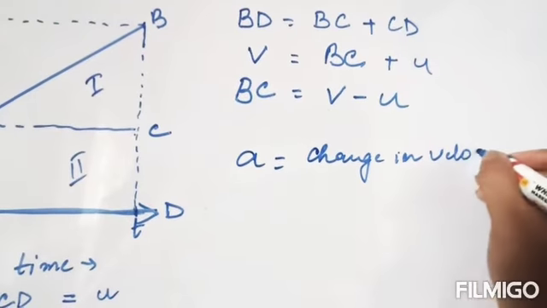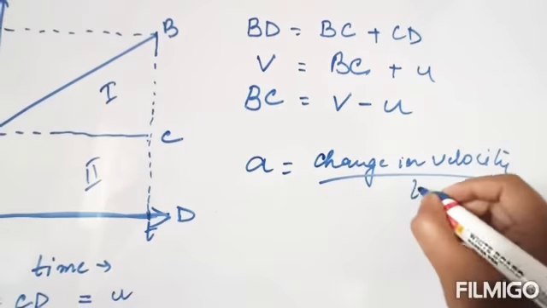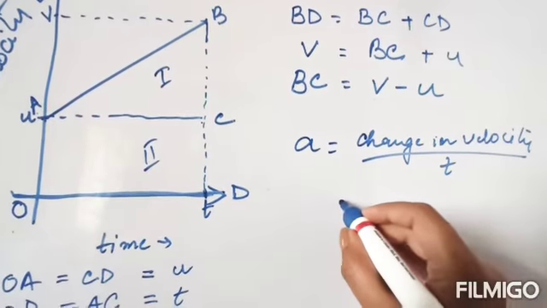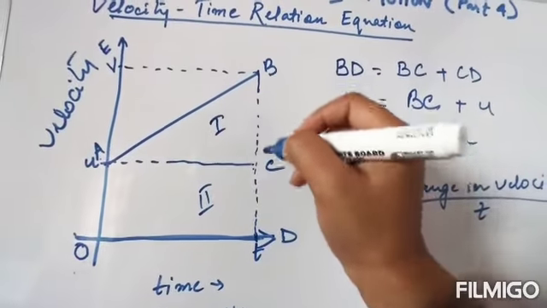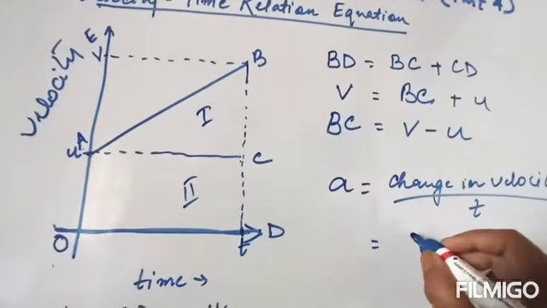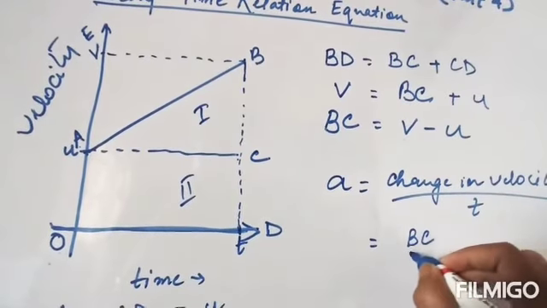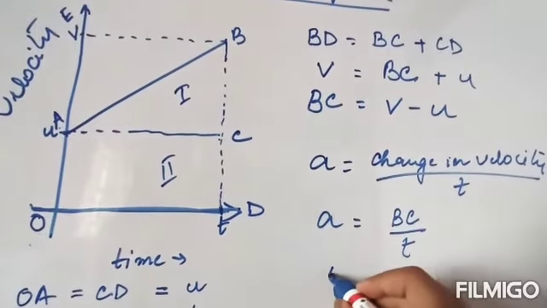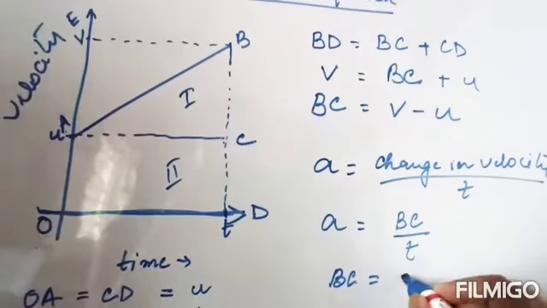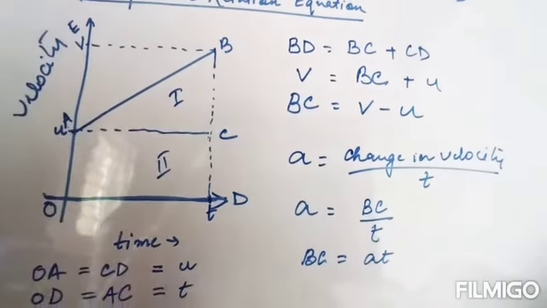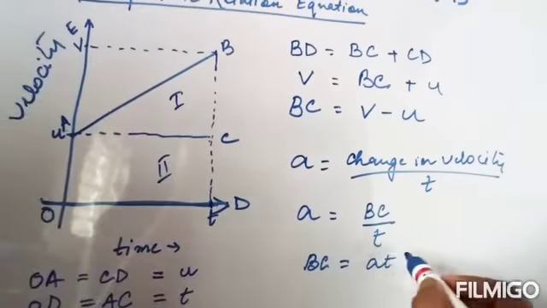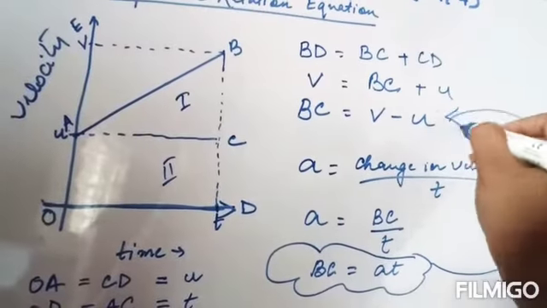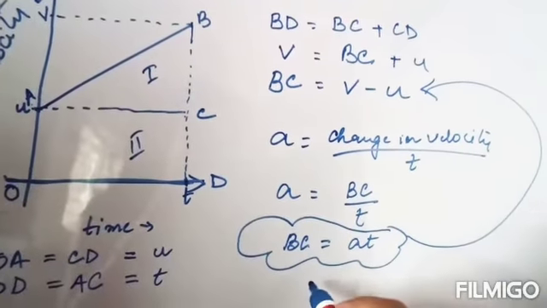Change in velocity by time, right? Now what is the change in velocity over here? Change in velocity is this portion only, BC. Correct? So BC by T is equal to A, or we can say that BC is equal to AT. Understood? Now this value of BC I am going to substitute over here. So what will it be then?